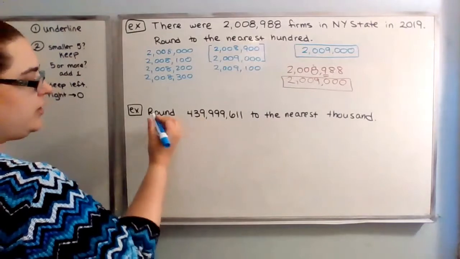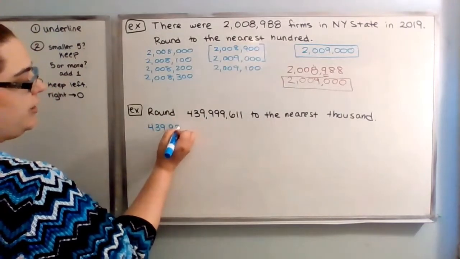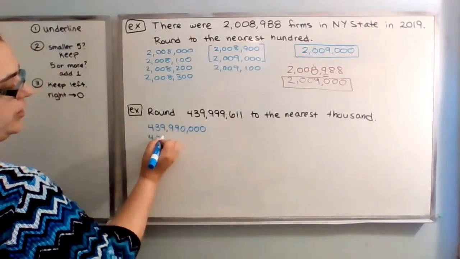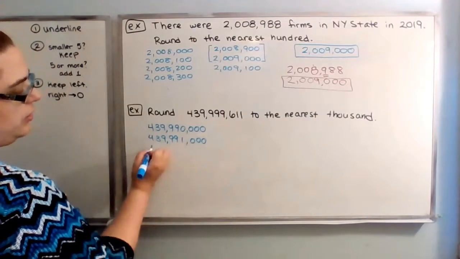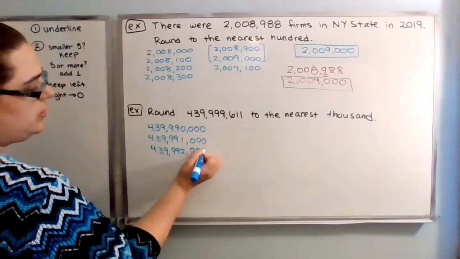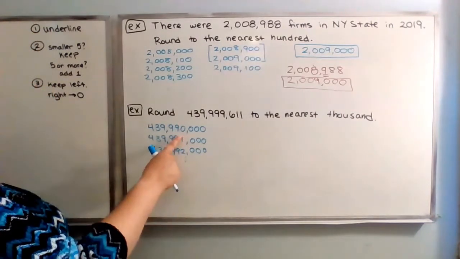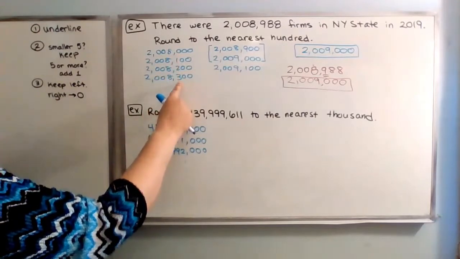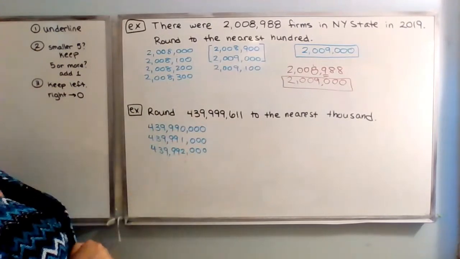So I'm thinking in terms of 439,990,000, 439,991,000, 439,992,000, etc. So like before, when we counted by hundreds, 0, 100, 200, 300, now I'm counting by thousands: 0, 1,000, 2,000, and so on.